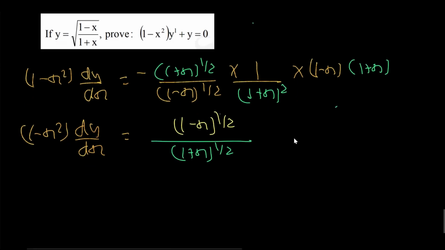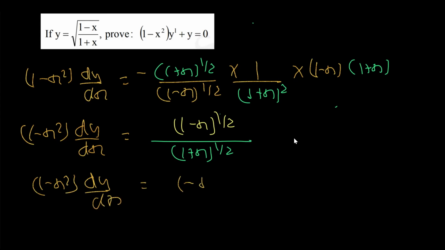Right. So now next is what? We'll just write this in square root. So can I write this as 1 minus x over 1 plus x whole under root, which I can replace with y and transpose it on the left hand side to get the result. So let me do it over here.